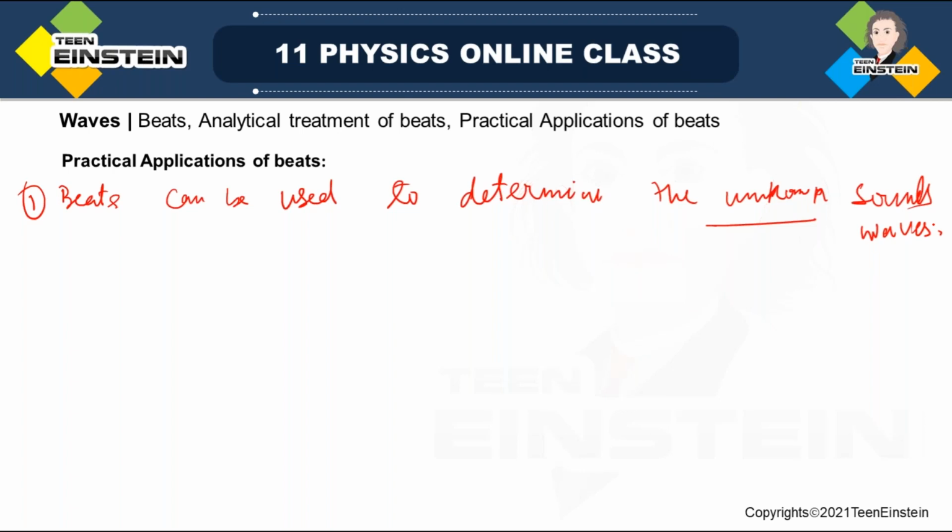So how do you use these beats to determine the frequency of an unknown sound wave?